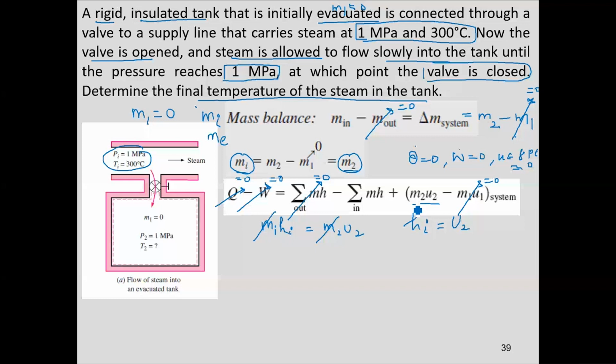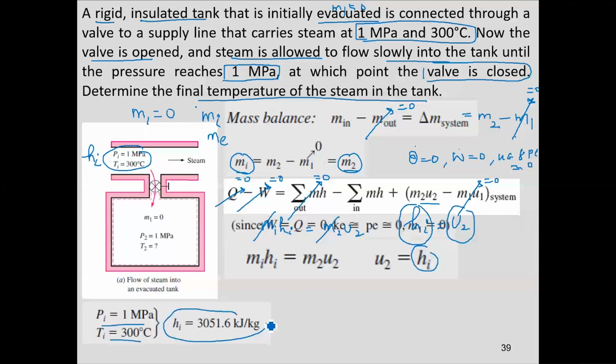If you go to the steam table, at 1 megapascal pressure and 300 degrees centigrade temperature, you can find the enthalpy at state 1, and you can use the same enthalpy as the second property for state 2, where you have the pressure given to you. So you can use the pressure and the internal energy at state 2, which is equivalent to the enthalpy entering the system, Hi. You can use both properties to find the final temperature of your system. Clear enough?